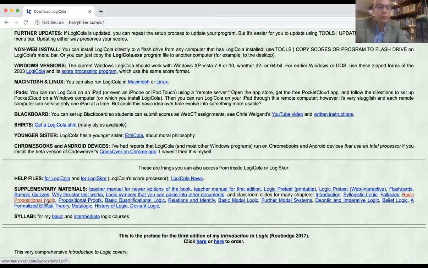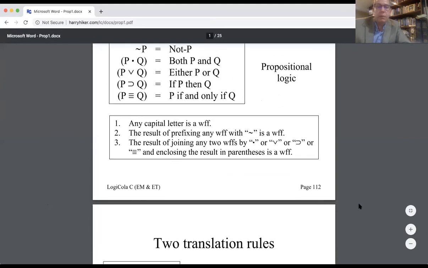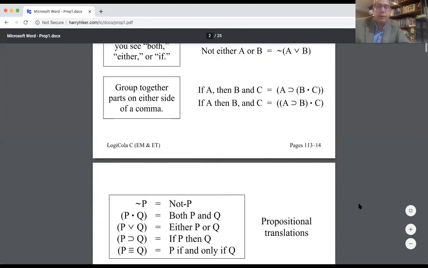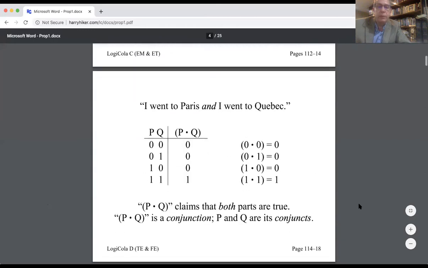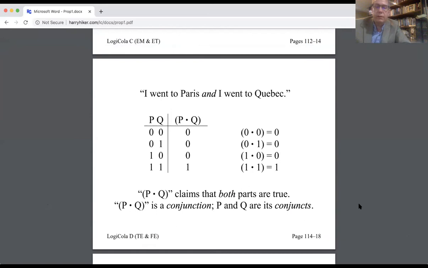Okay, so we had just reached the first truth table for the "and." So remember the dot means "and."